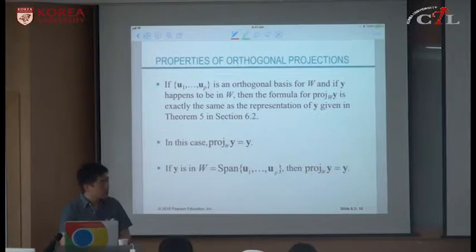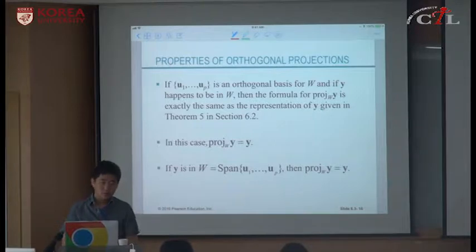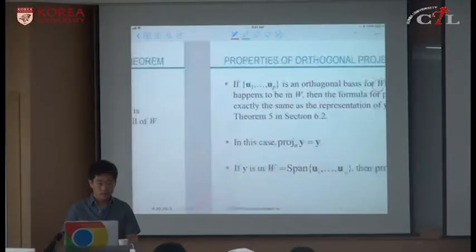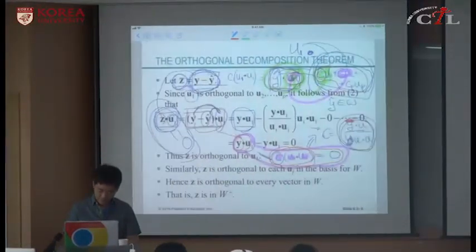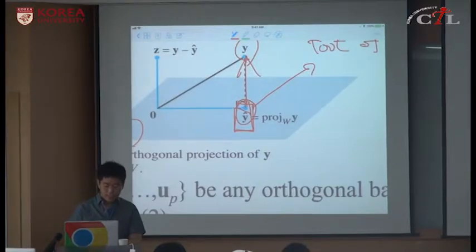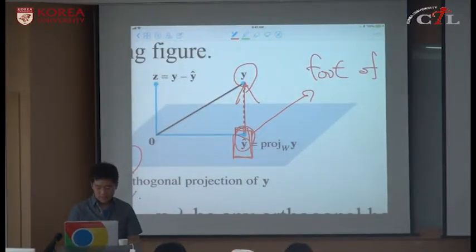Okay, and then another special case that we can think of is: what if our vector y is already inside of our subspace W? In general, this subspace is a much smaller set compared to the original space.